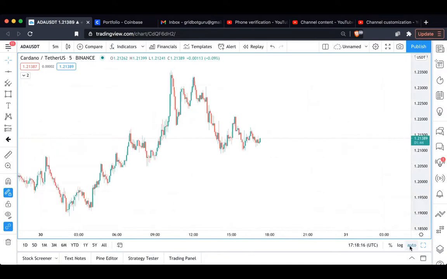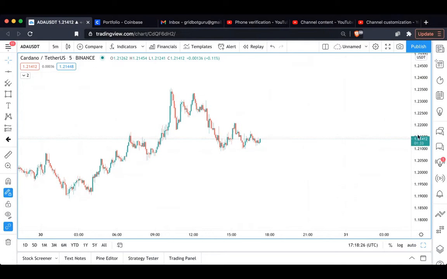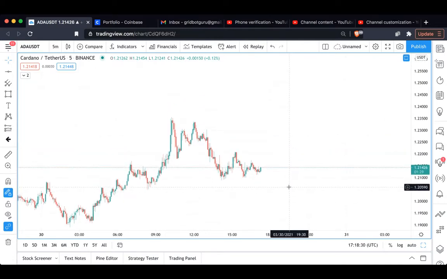First thing I'm going to do is set up a grid bot. I want to find an upper level and a lower level.